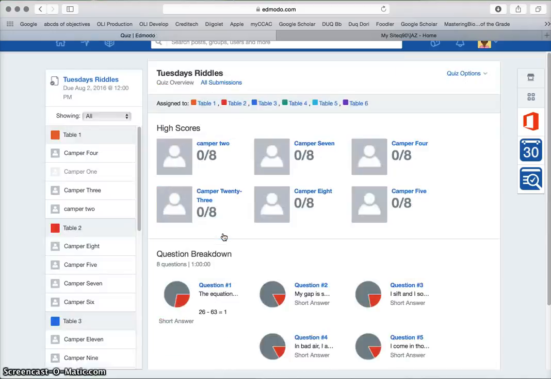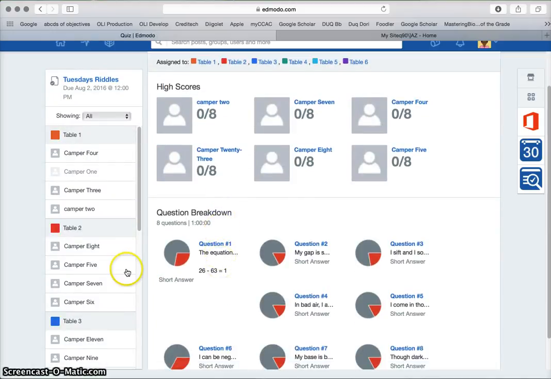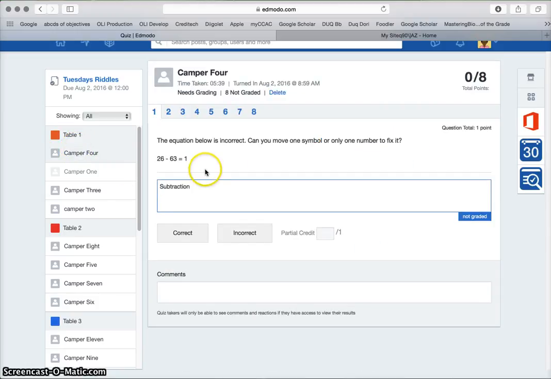Looking at what was turned in, some of the questions were multiple choice format, as we would do in Blackboard learning environments or Moodle, so they would be graded automatically. But most of these questions were short answer questions, calculations, etc., and the students had to answer these questions based on the information that they received. For example, this one: the equation below is incorrect.